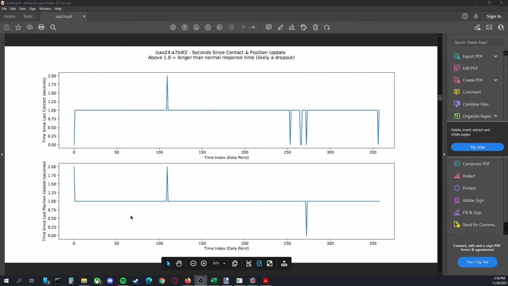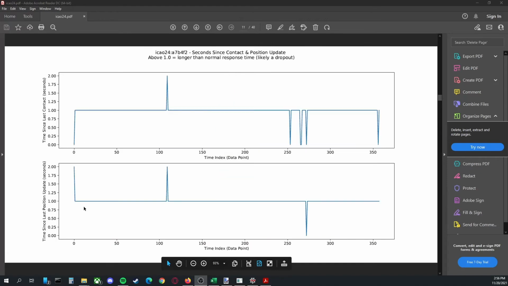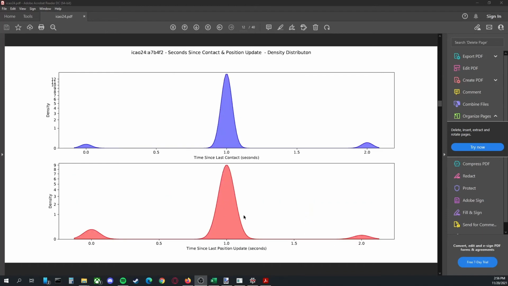The second graph I made was to analyze this graph because I wanted to know what the distribution of time between messages was. For this graph, you can see that most of the messages had a 1 second delay, which is good. This would be our baseline. And if this line was a little more random or noisy, we could use this to tell what the intended message delay was.